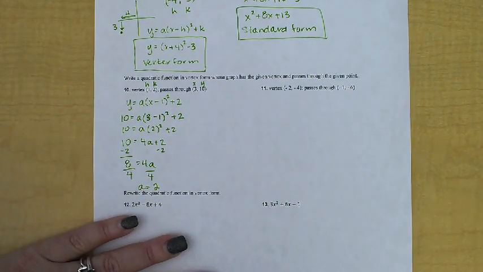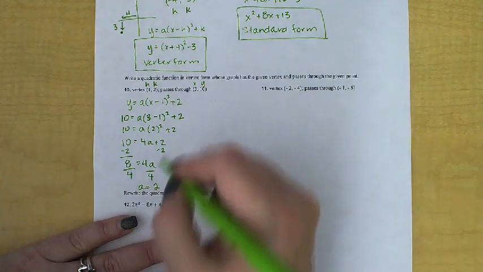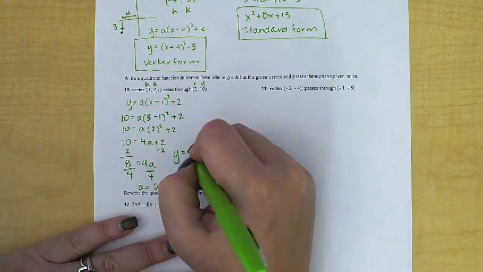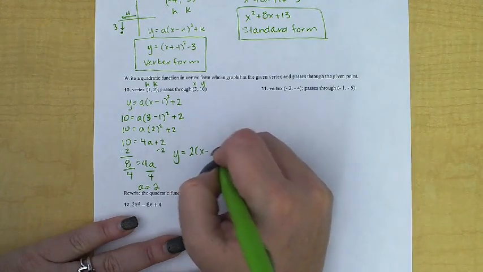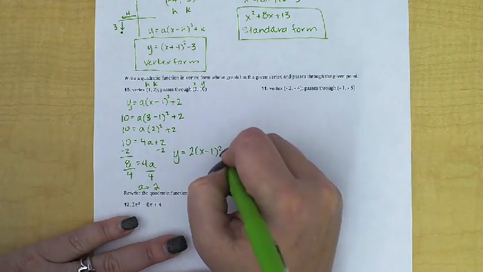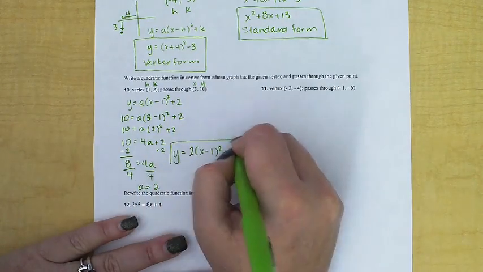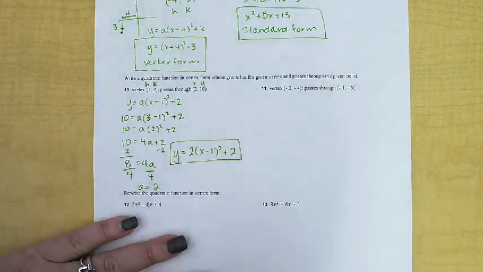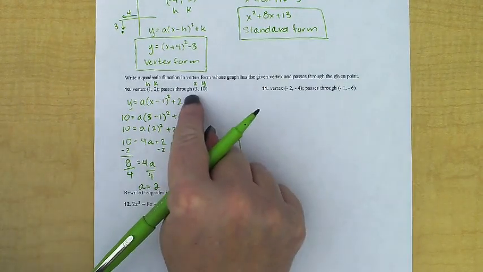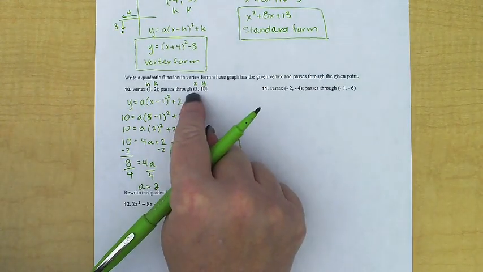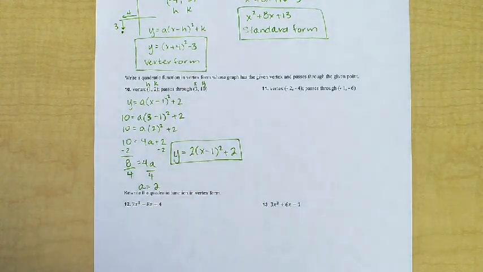Now we have our a, we have our h, we have our k. We can write that out. 2 times x minus 1 squared plus 2. And if you were to plug that in to your calculator and do a table, you would see that when you input 3, you get 10.